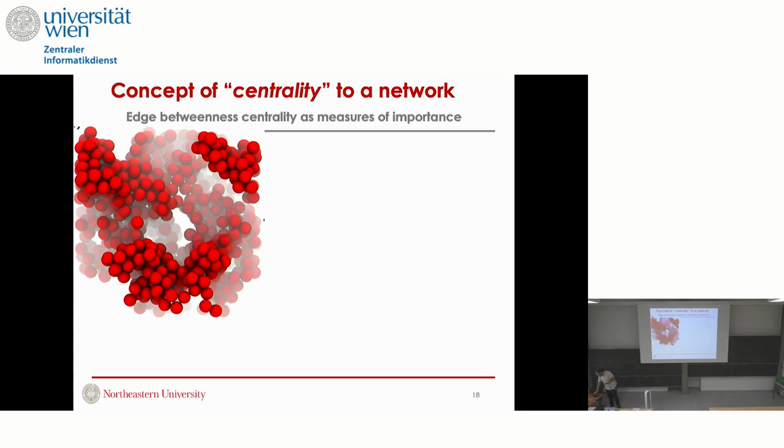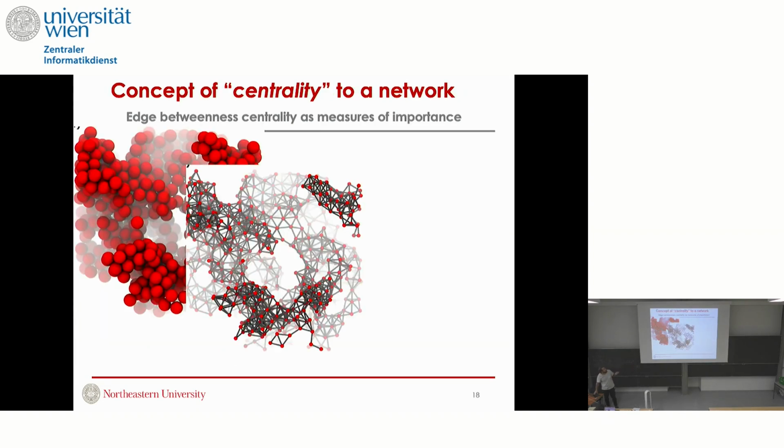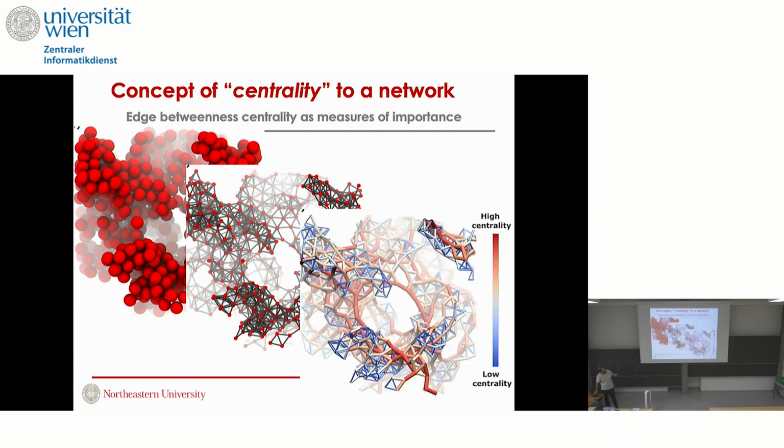And that's exactly what we did. We did basically the same process. The network you're seeing here is color-coded from high centrality to low centrality, so the warmer colors are higher centrality values. These are quiescent gels, so this is basically showing which bonds are more central to the connectivity of this network.